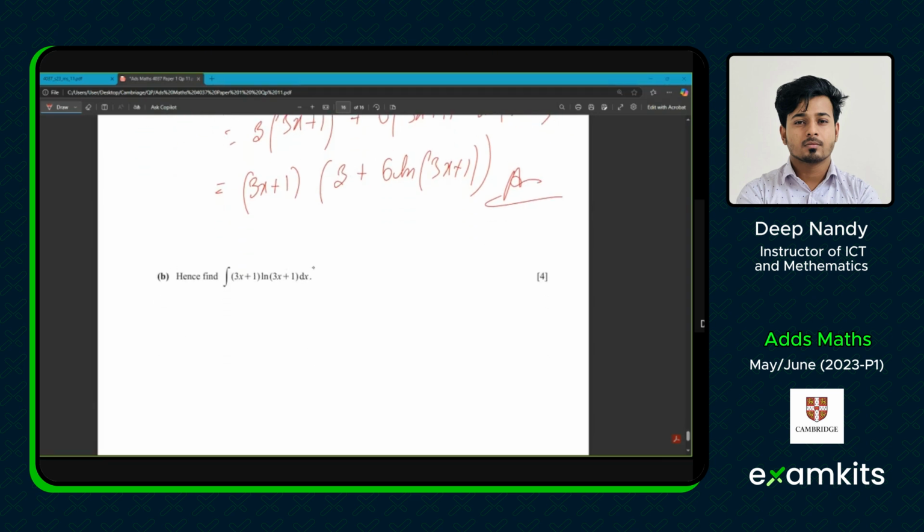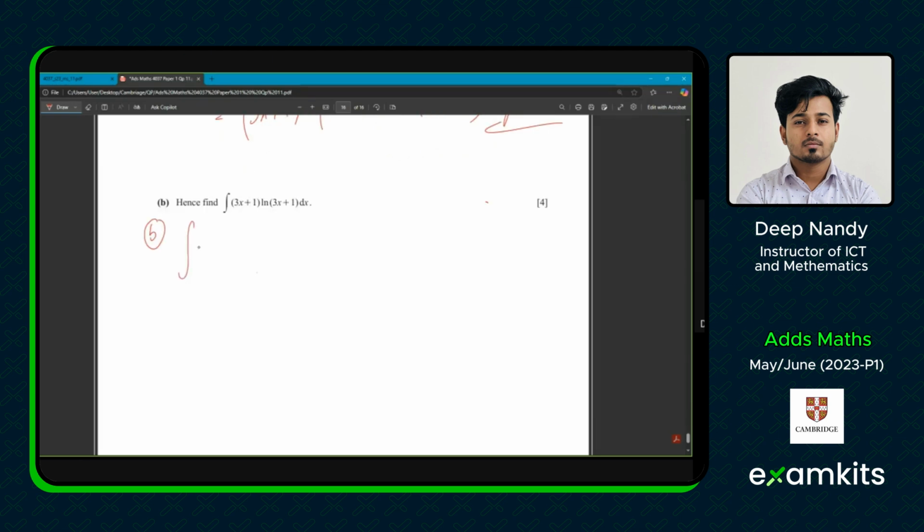Here to find the integration for b, 3x+1 is defined as u, and ln(3x+1) is defined as dv/dx. The integration by parts formula is the integral of u dv/dx equals u·v minus the integral of v du/dx.